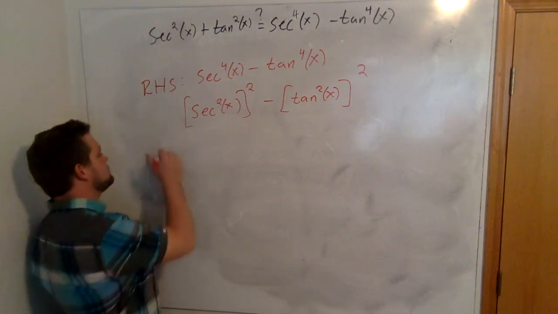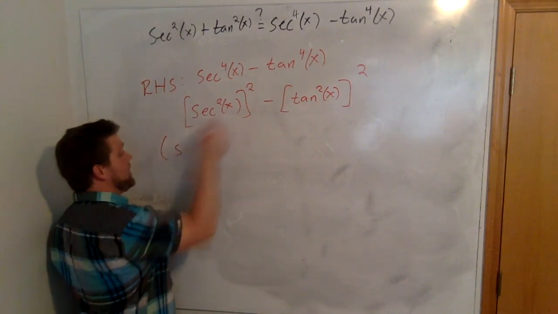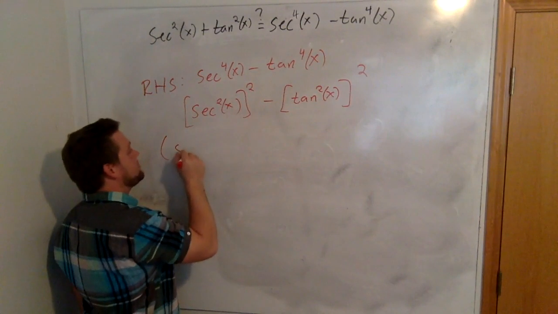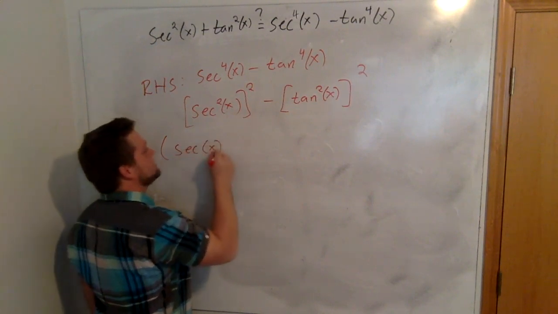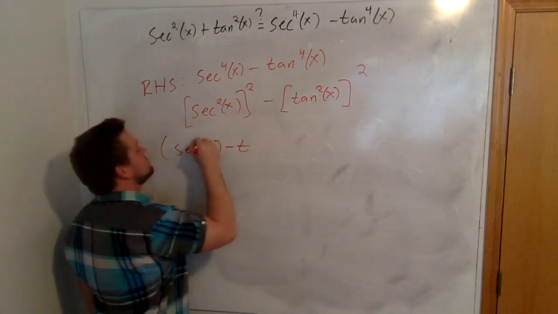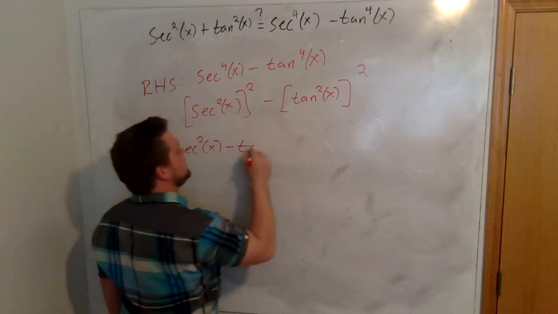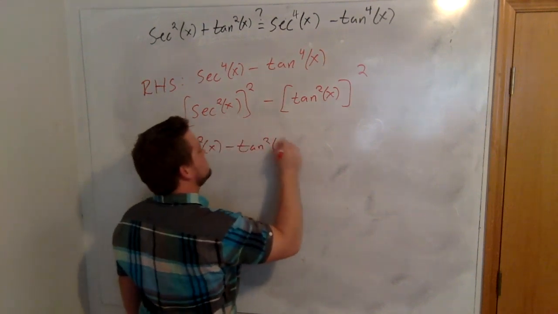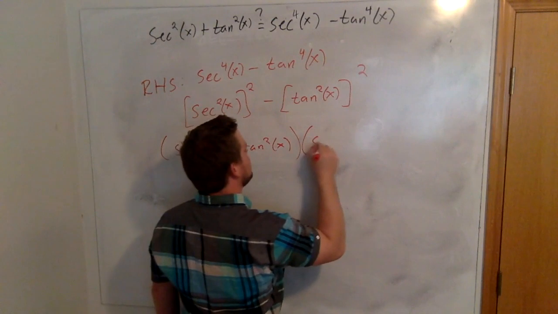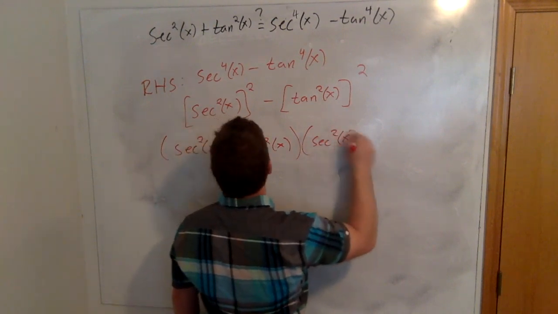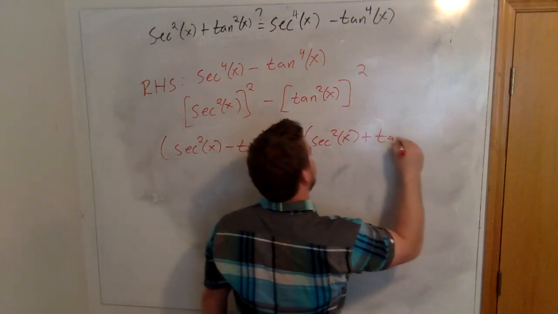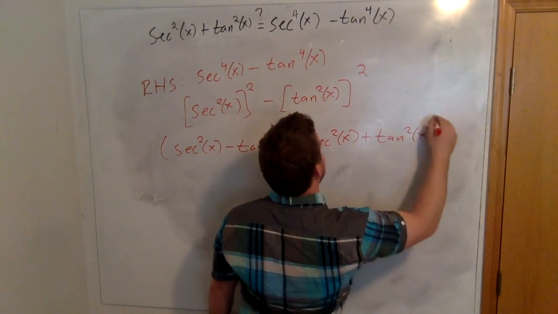So this is a difference of squares pattern, and this will factor to a secant squared of x minus a tan squared of x times a secant squared of x plus a tan squared of x.